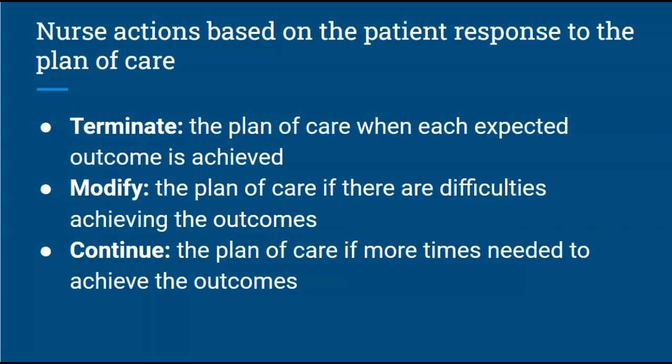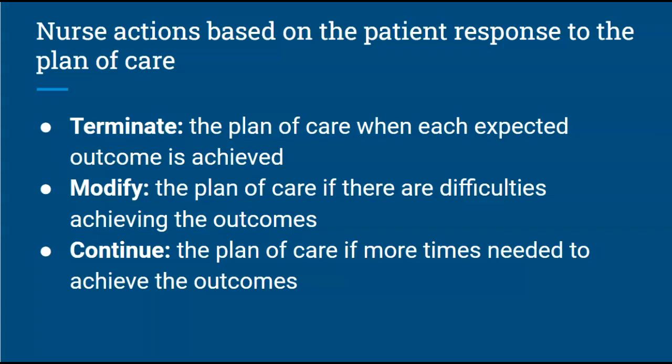Or say if they report partial tobacco use, then the outcome was partially met. Patient reports that they decreased their use of cigarettes and have only smoked maybe 1 to 2 cigarettes per day. You would then continue and modify that plan of care based on the information you have.